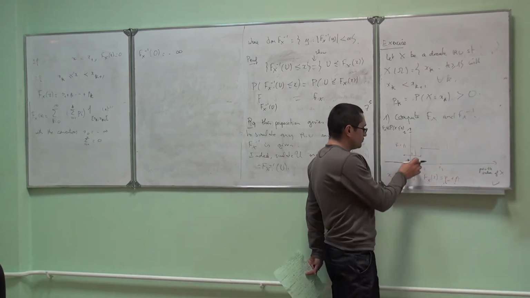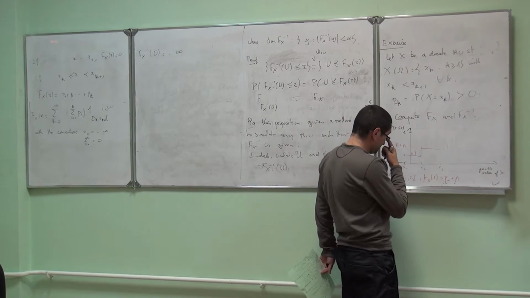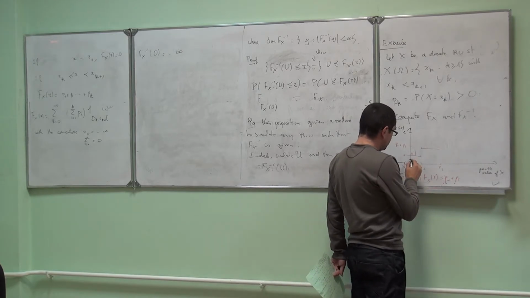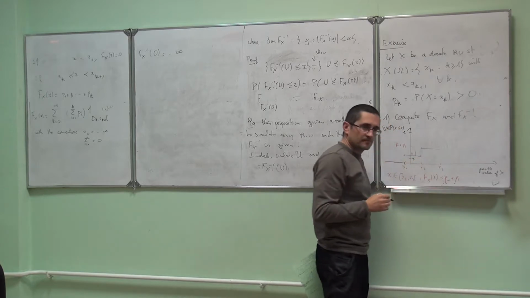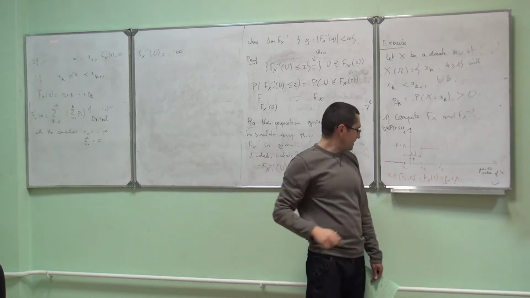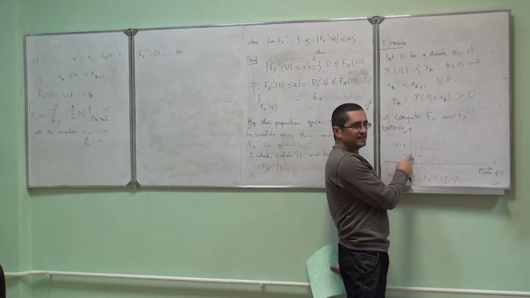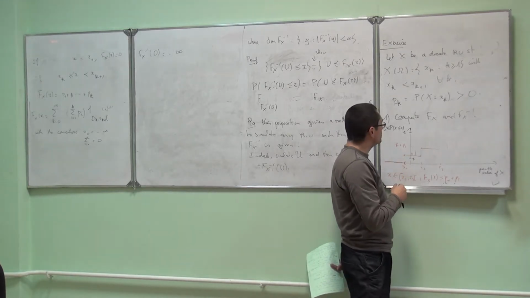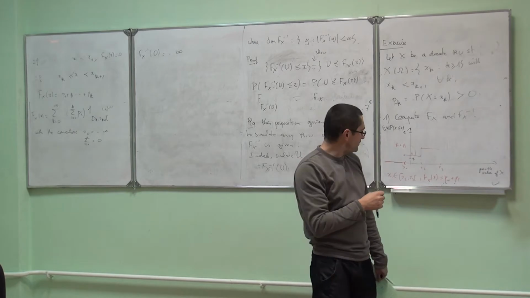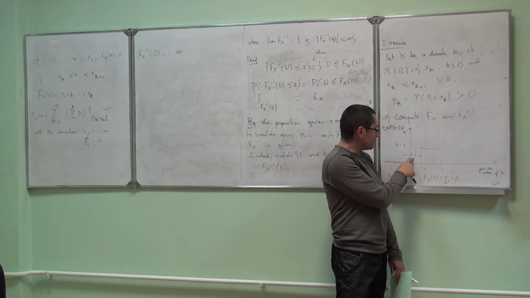And now you consider some element y. You need to see y as an element of this axis. So you can first consider a case where y is positive and less than or equal to p_1. In this case, recall that F_X^{-1} of y is the infimum of all x such that F_X(x) is greater than or equal to y.